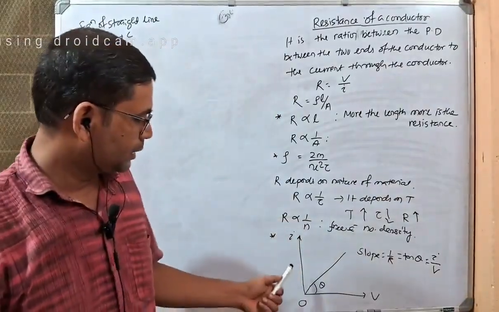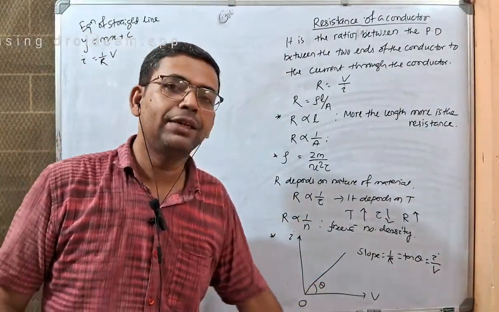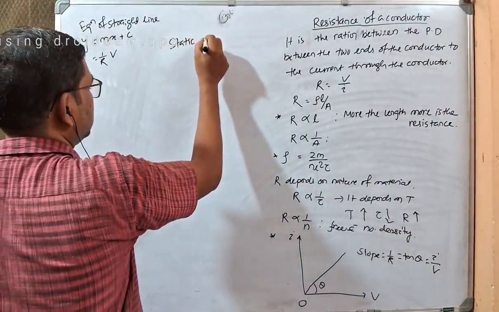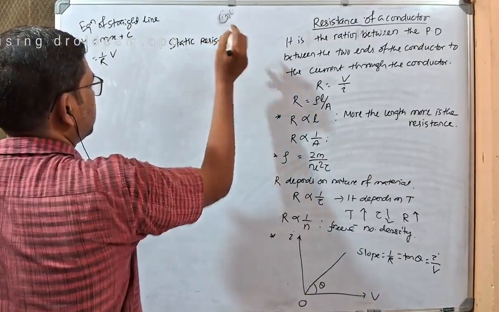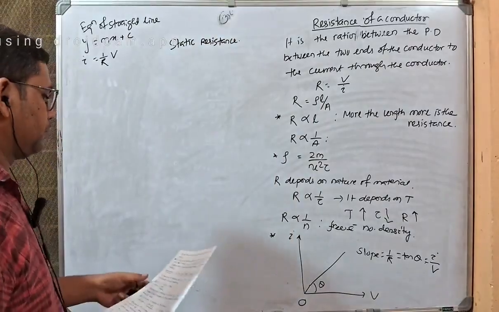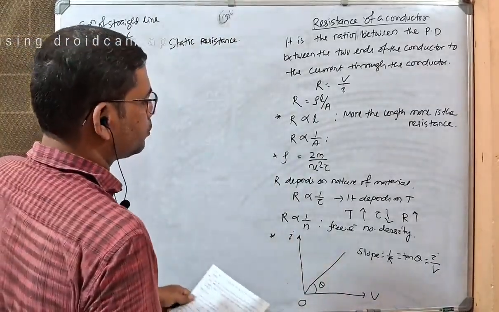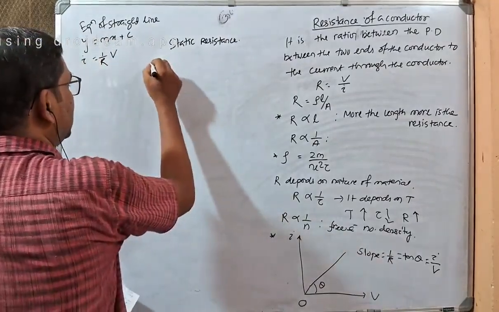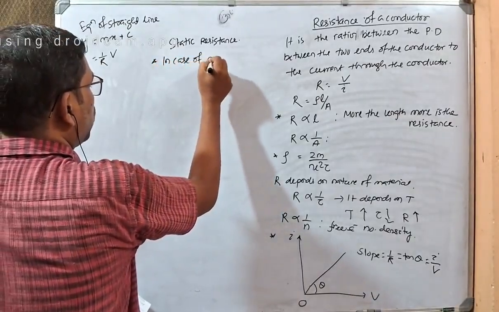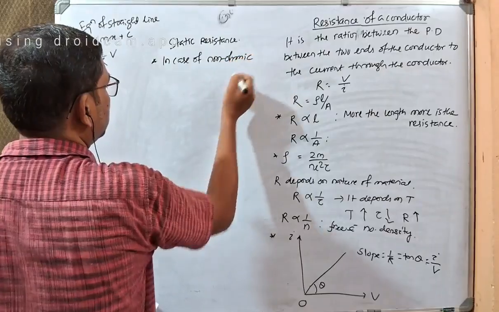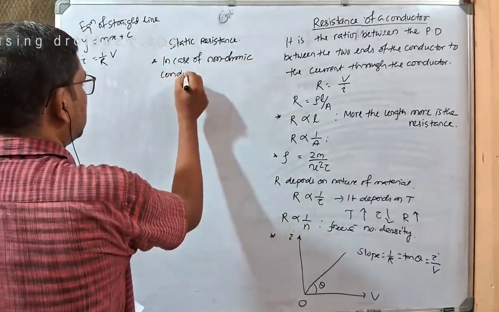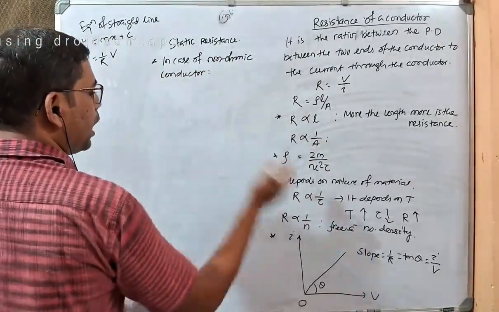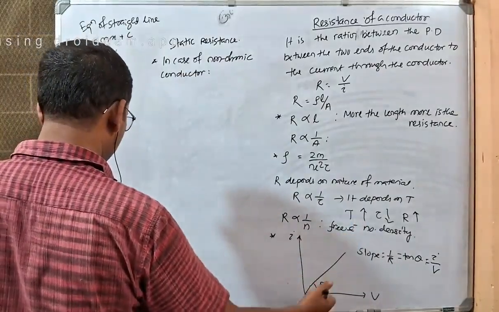This type of resistance which obeys this rule is known as static resistance. And in the case of non-ohmic conductors, the resistances are not static. The slope will not be a straight line.